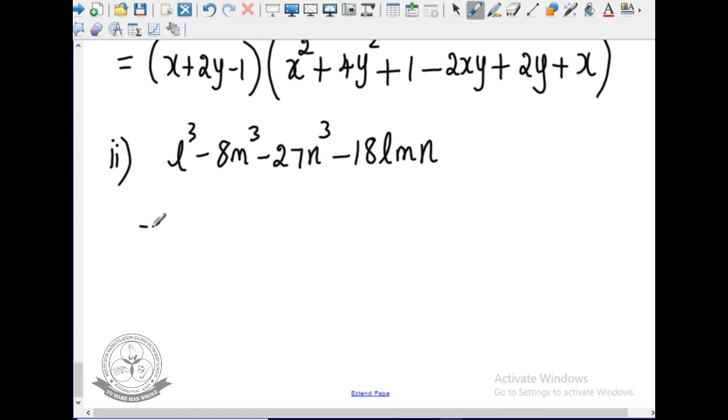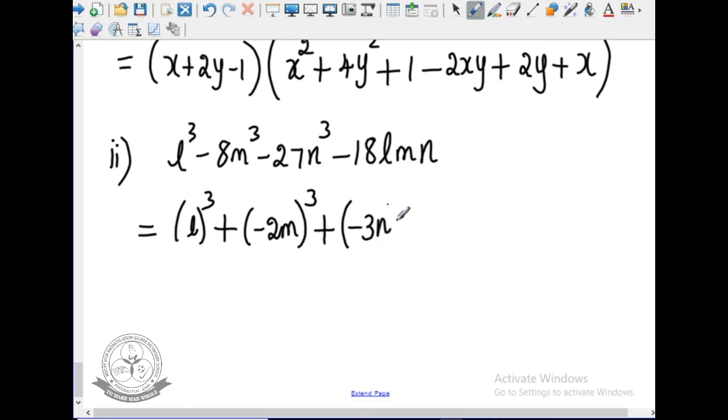So you can write L cube as L whole cube, then minus 8m. Minus 8m you can write as plus minus 2m whole cube, because if you multiply the negative terms 3 times you will get the negative. Then plus minus 27, so it can be written as minus 3n whole cube.